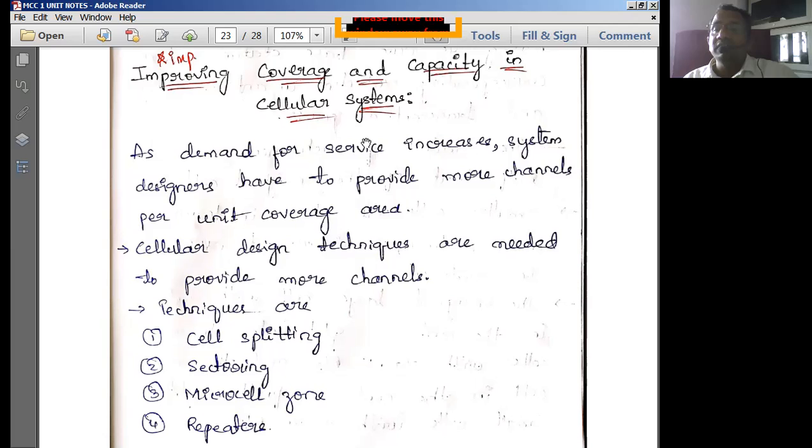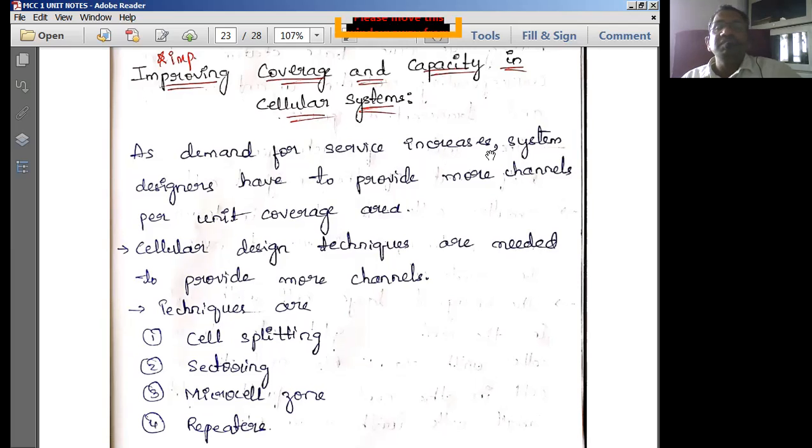Providing service to this many mobile users is going to be a challenging task for the design engineer. To overcome these problems, we have to figure out certain techniques, known as cellular design techniques, needed to provide more channels to the mobile users.